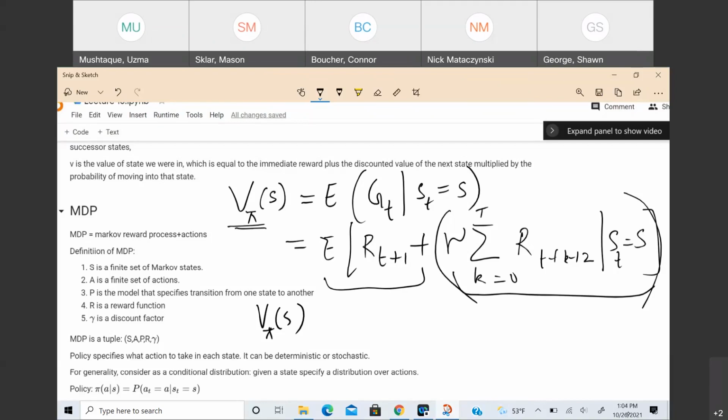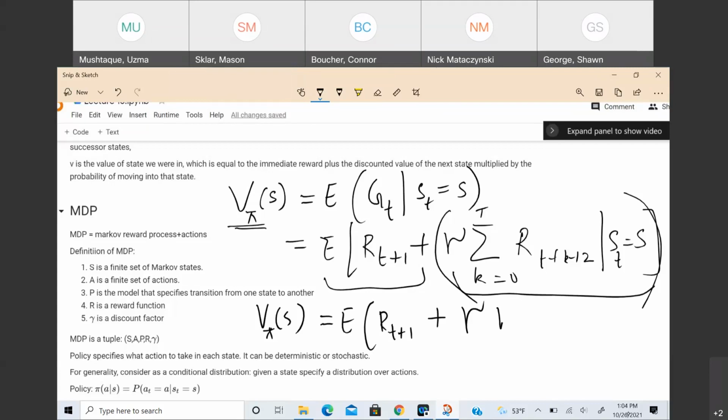So basically, if you remember from the definition, the value is how good it is for the agent to be in state S, and that is equal to the expectation of the reward it's getting by leaving its current state, plus the value of the state it has moved to, right? So maybe I can write this thing as the expectation of R t plus 1 plus gamma stays as it is. This here is nothing but this V pi S again, but in t plus 1 in the future, right?